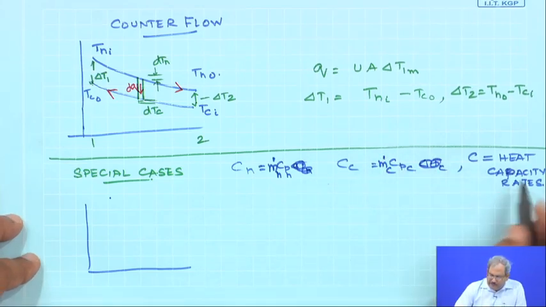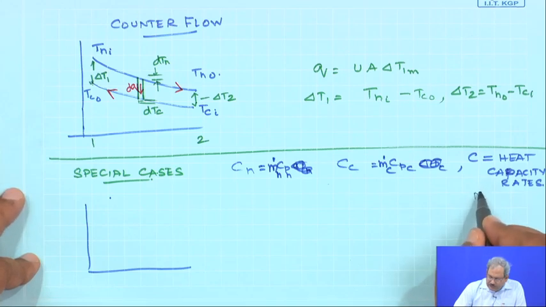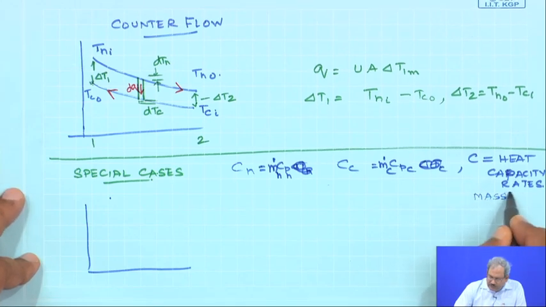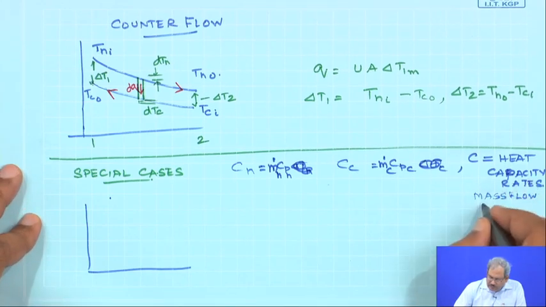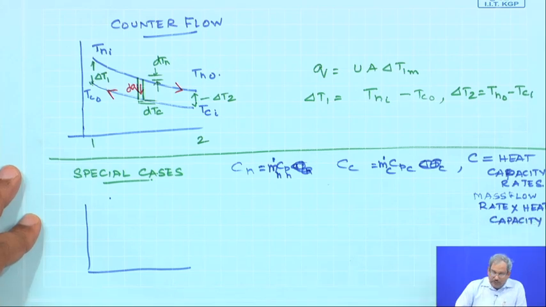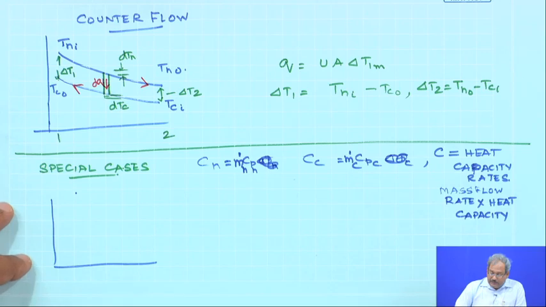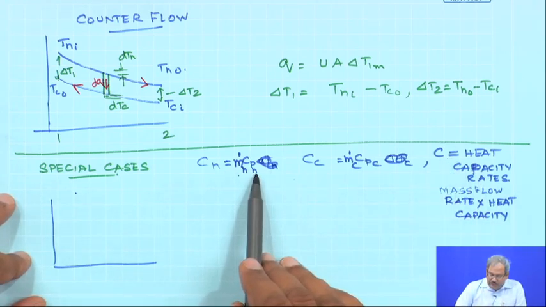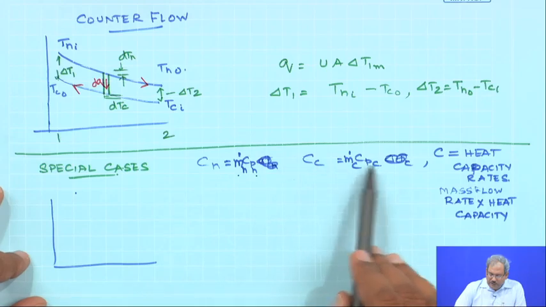So, C is the heat capacity rate, which is the product of mass flow rate multiplied by heat capacity. So, when you look at the heat capacity rates, it is simply mass flow rate of the hot fluid times C p of the hot fluid and so on.